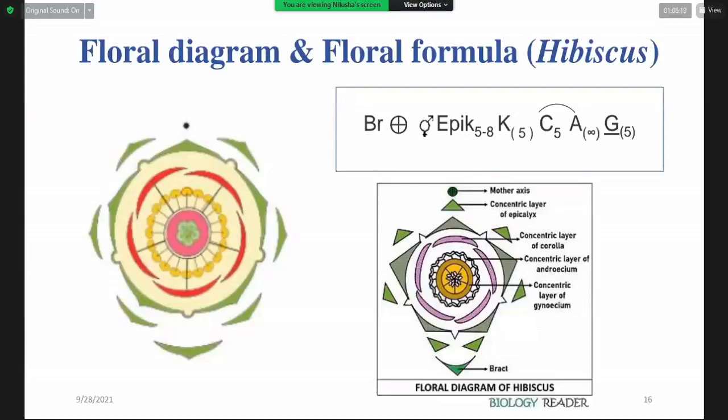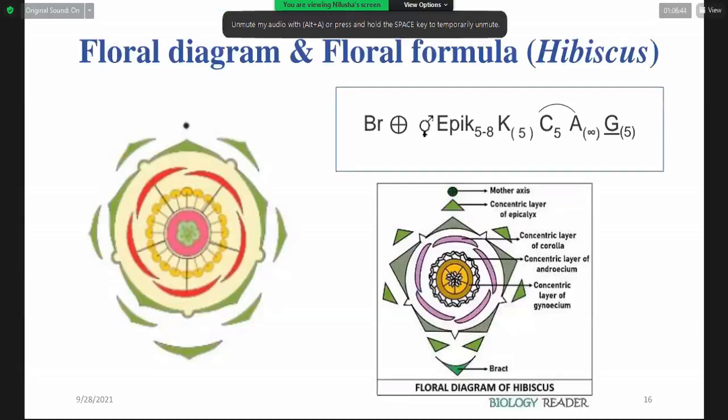The next symbol is for the actinomorphic flower. What is actinomorphic? Anyone? Can you tell what actinomorphic is? Symmetry. Yes, the flower has many axes of symmetry, so we call it actinomorphic.